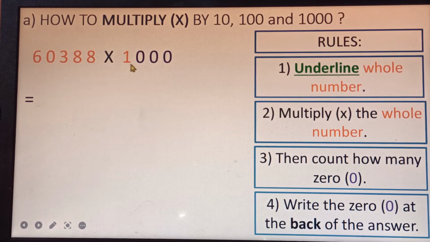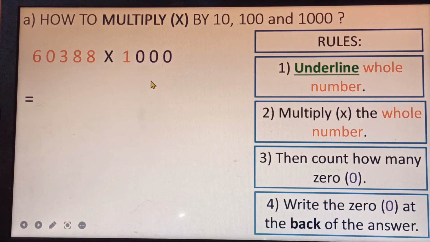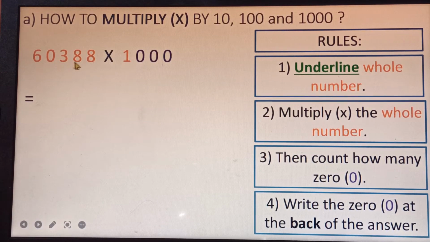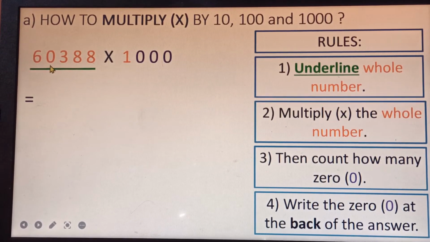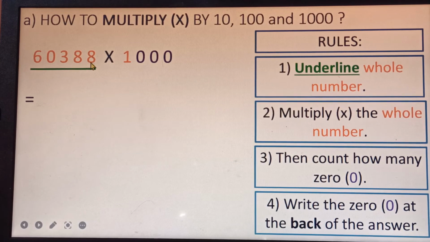Alright, let's try the next one. 60,388 times 1,000. So how should I underline the whole number here? So where is the whole number? Yes, the whole number is 60,388. Oleh sebab zero-nya kenapa? Zero-nya pun digaris as a whole number, pasal ia di tengah nombor whole number.